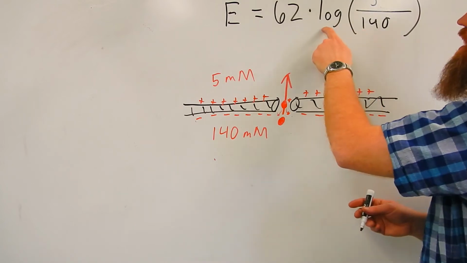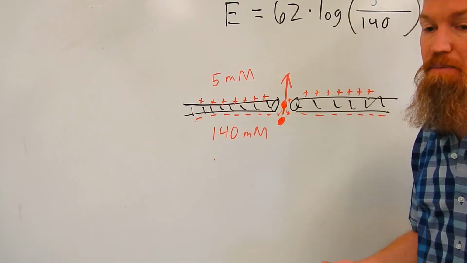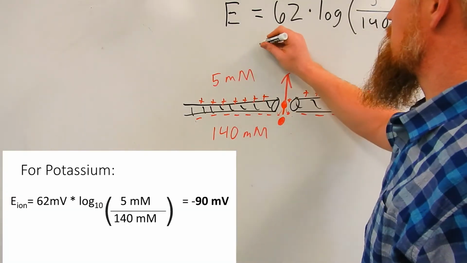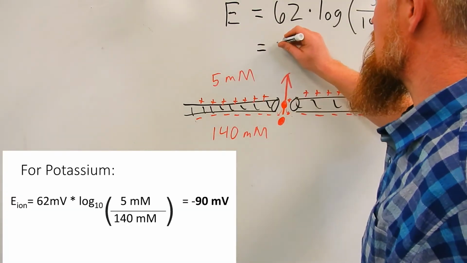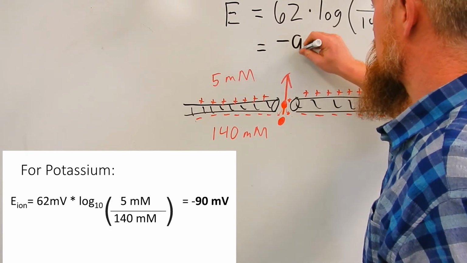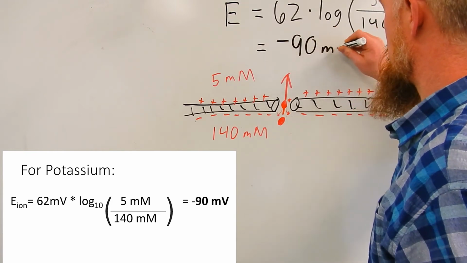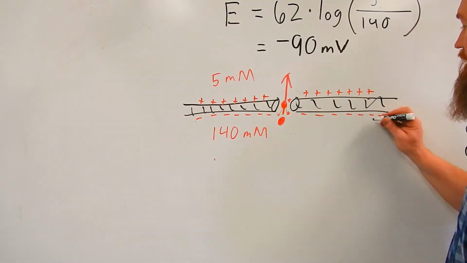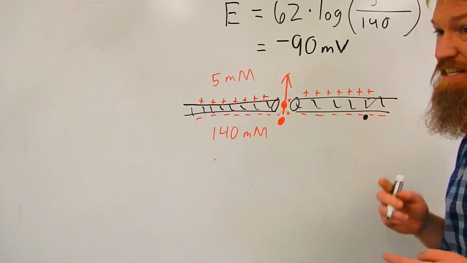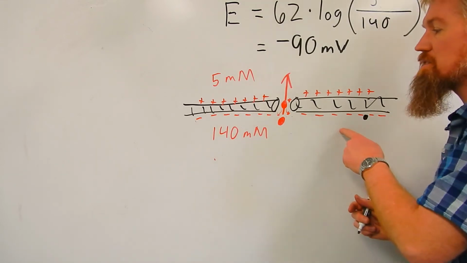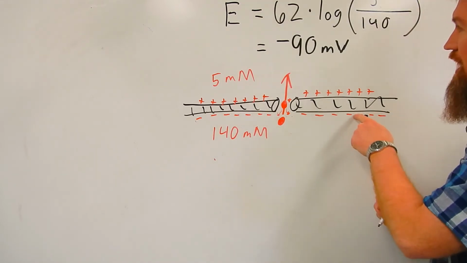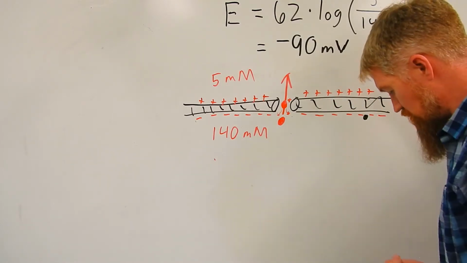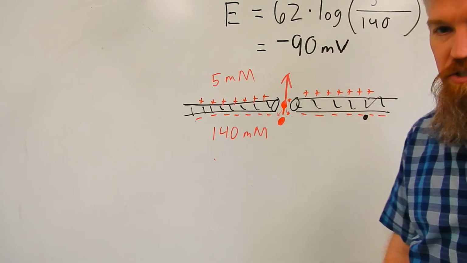As a result, when you take the log base 10 of that, it's going to be a negative number. When you go through and do the math, that E ends up being minus 90 millivolts. Or if you measure this point right here on the inside of this membrane, you'd find that this charge was going to be minus 90 millivolts.